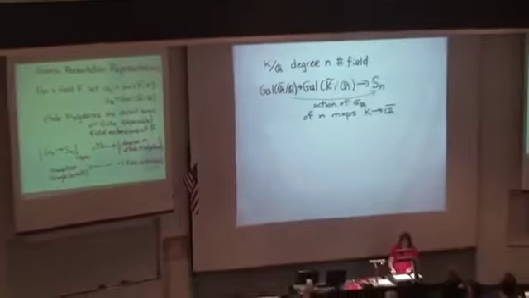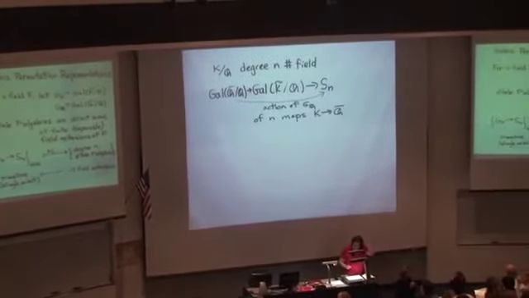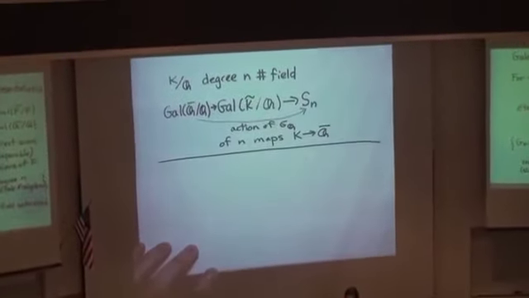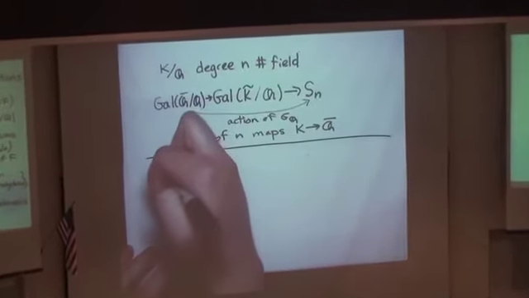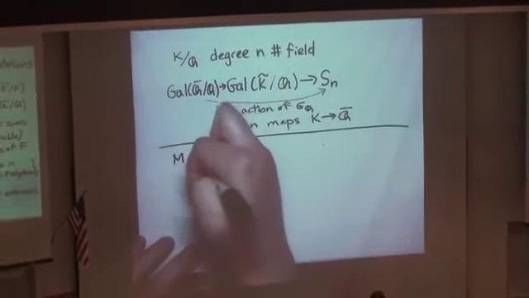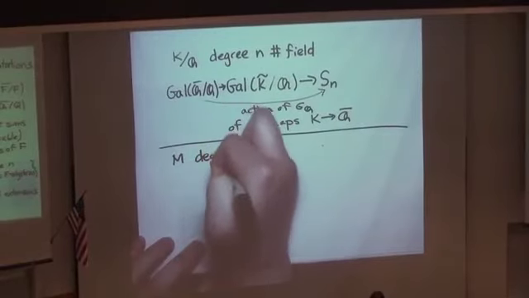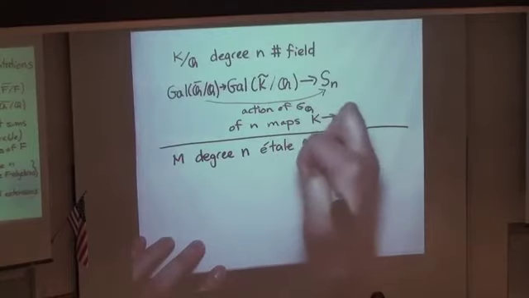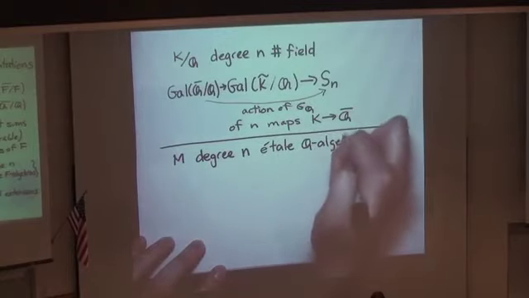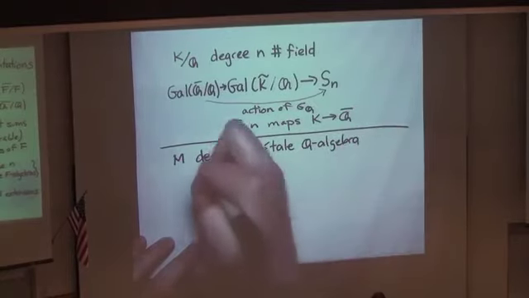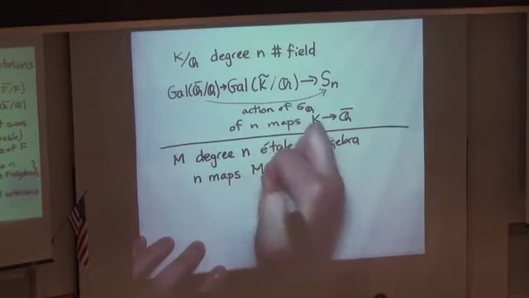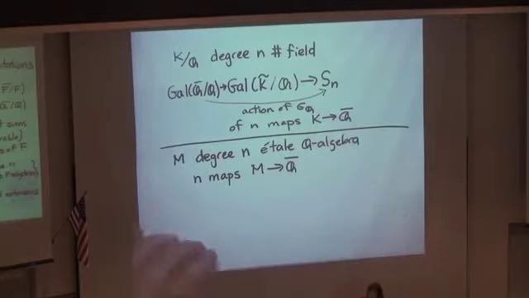So that's actually pretty much the more general picture. So if M is a degree n étale Q-algebra, there are n maps from M to Q bar. Now, we don't want to get scared by the étale Q-algebra.